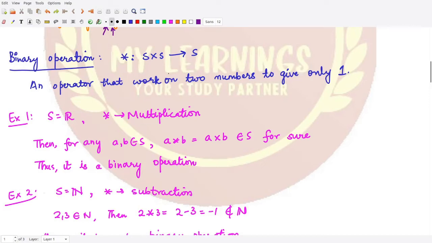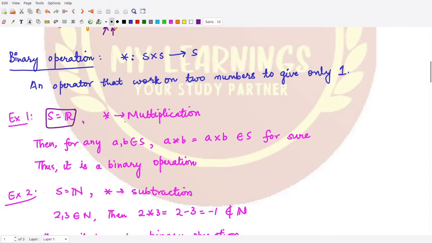So let me give you various examples of this binary operation. Suppose our set is the set of real numbers. Then our operation that we have defined is multiplication. Now we have to check whether multiplication on this set forms a binary operation or not. In order to check, we take two elements from the set of real numbers and apply the operation of multiplication to both the elements.